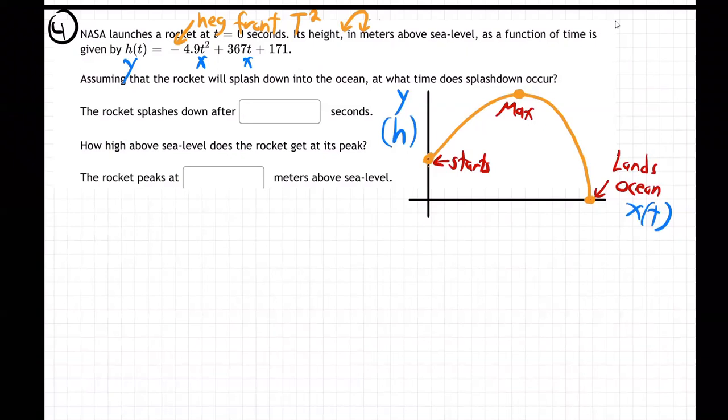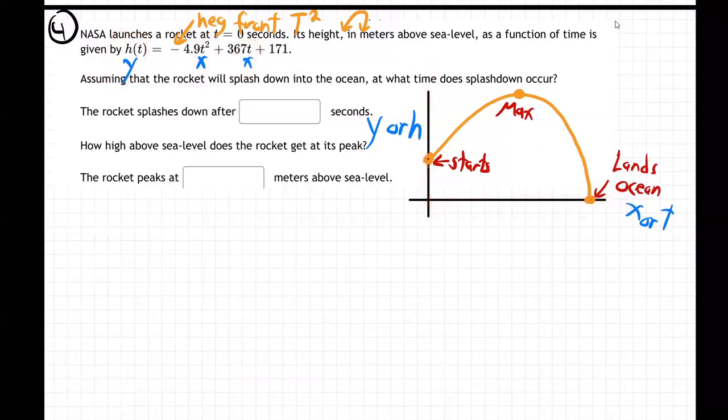So we really have x or t, and this one is y or h, height. So we're doing the graph height versus time, because height is our y. Remember, what's in front is always y. The function letters, f of x, g of x, h of t, whatever, that's y. And then our variable, instead of x, we're using t. So it's height versus time.